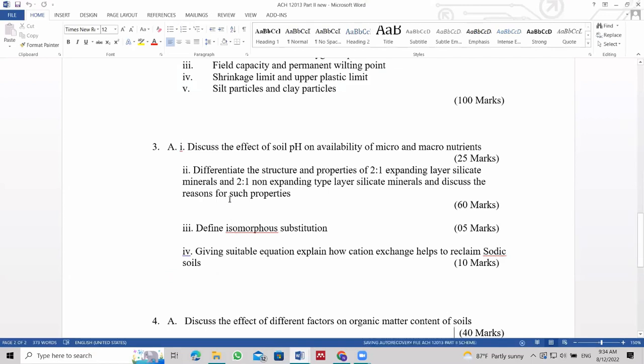Then differentiate the structure and properties of 2:1 expanding layer silicate and 2:1 non-expanding. So what is the structure of 2:1 expanding and 2:1 non-expanding? What is the difference? No one knows? What is 2:1 expanding clay and what is 2:1 non-expanding clay? What is the main difference?